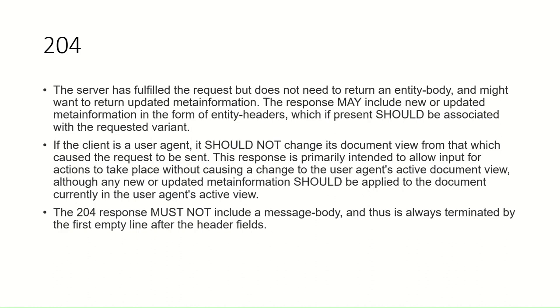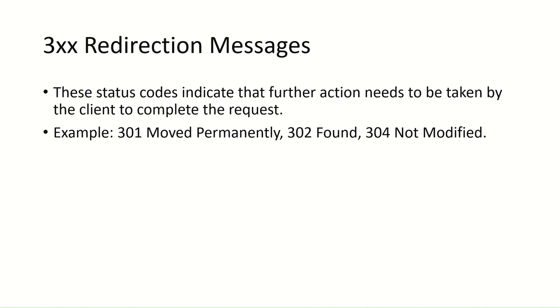Now let me go to the next slide and discuss the 3xx family of HTTP status codes, which is redirection messages. These status codes indicate that further action needs to be taken by the client to complete the request.